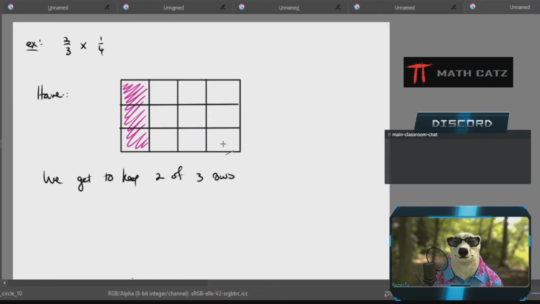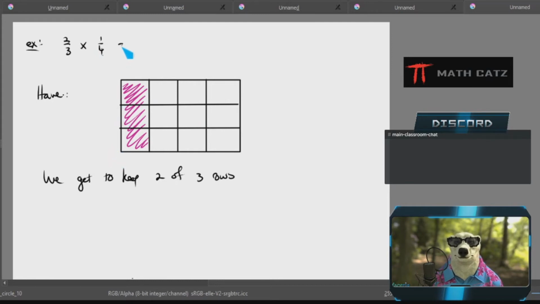Now, what have I done? As soon as I did this, what did I really do to the fractions? I again created a common denominator, or in this case, I don't want to call it a common denominator. I have created the product of the 2 denominators.